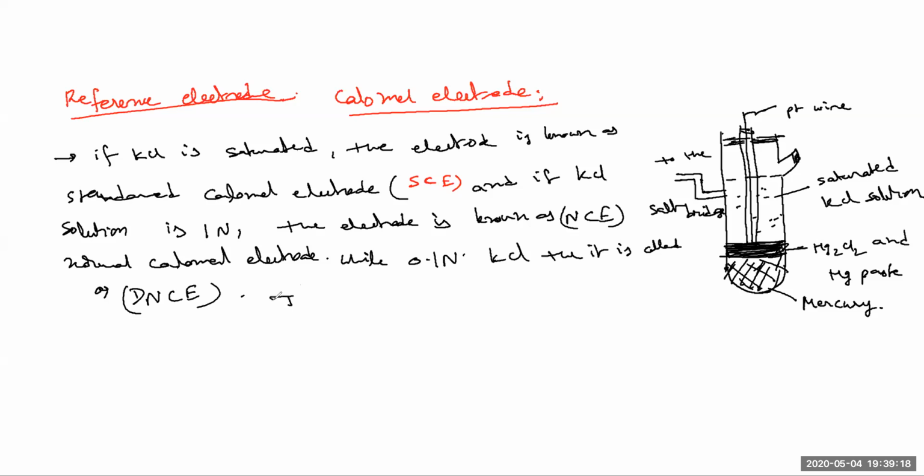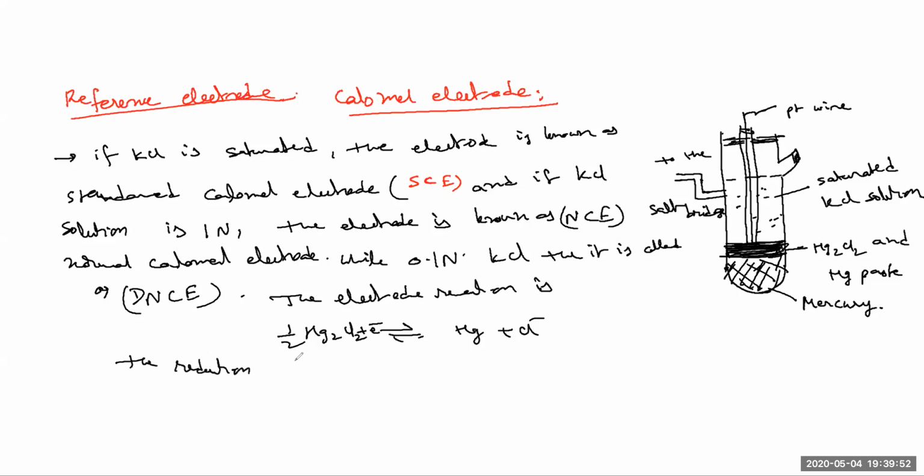Okay, the electrode reaction is: Hg2Cl2, reduction now. Always you take the reduction only. Hg2Cl2 plus 2 electrons gives rise to 2Hg, mercury, plus 2Cl minus. Here this is a reduction reaction. Okay, the reduction potentials, next point.